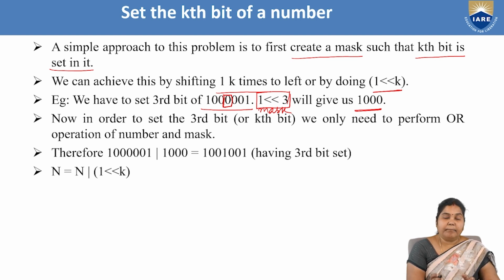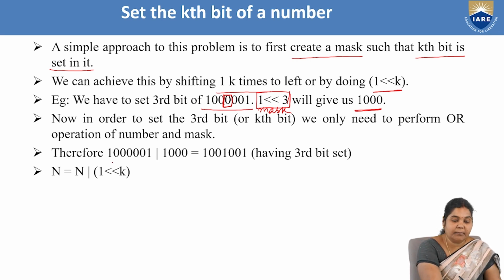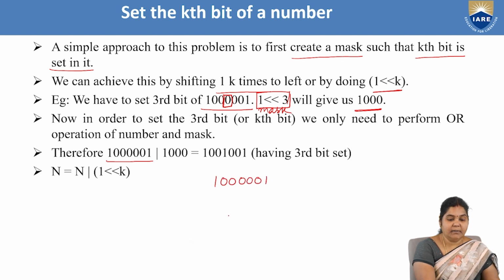Now we have to apply this mask over the given number. So, what is our given number? This is our given number, 1501, and we are doing an OR operation with our mask, which is nothing but 1000. If we apply this mask, what will happen?